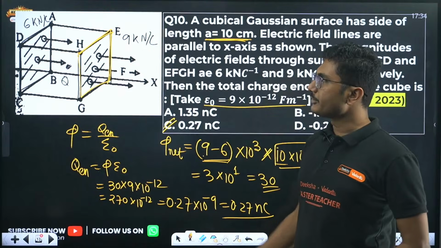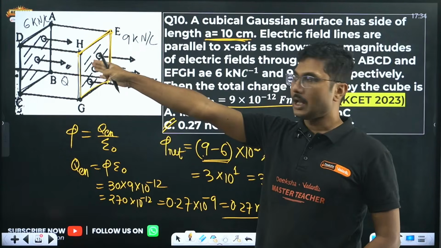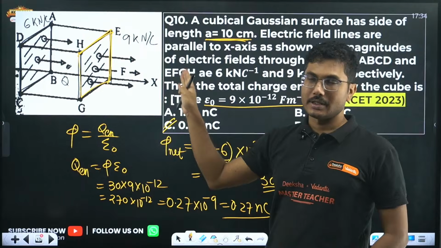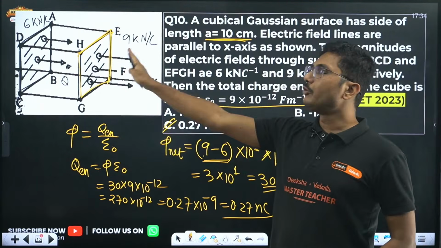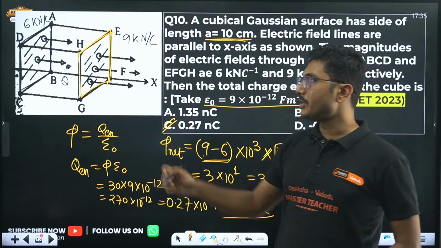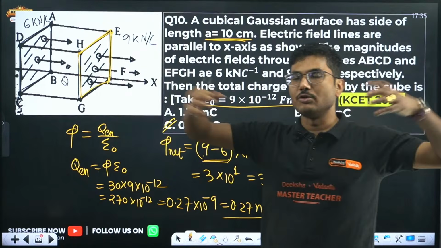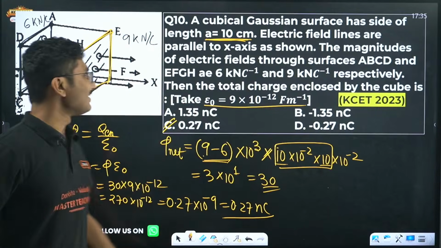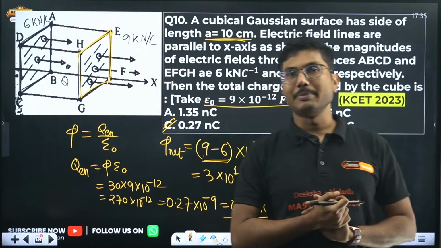The charge is positive here. Why? Because between net incoming flux and net outgoing flux, the outgoing flux is more, which obviously means the charge inside is positive. That's why it is giving a net outgoing flux. If the charge is negative, then incoming flux would be more and outgoing flux would be less.